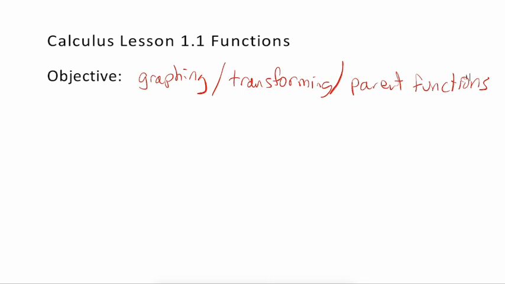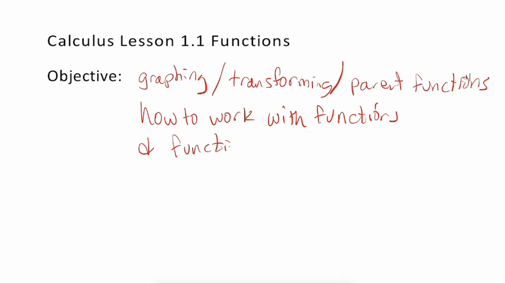We will be talking about the vertical line test, what is a function composition, how to work with functions, and function notation. Okay. So really, chapter 1 is going to be a nice review of what we know about functions in general.